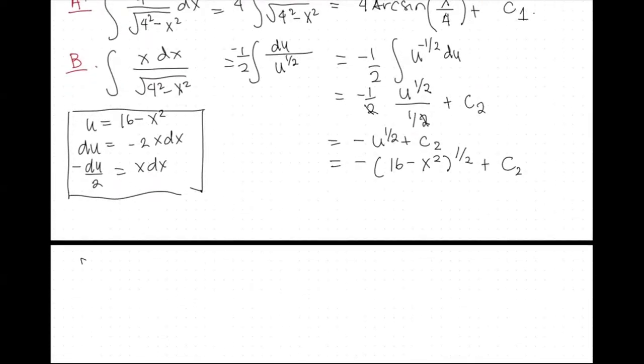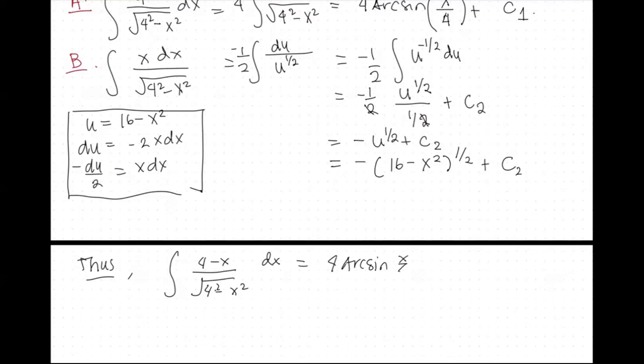Thus, now we combine the two integrals. The integral of 4 minus x over square root of 4 squared minus x squared with respect to x is, the first one, 4 arc sine of x over 4 plus, instead of plus, we put minus the quantity 16 minus x squared raised to 1/2 plus c, where of course your c is just the sum of C1 plus C2.